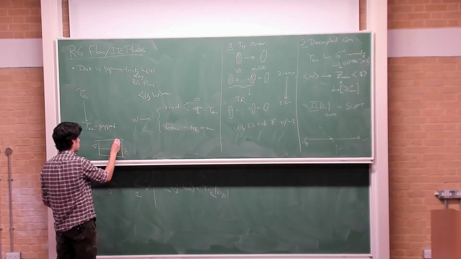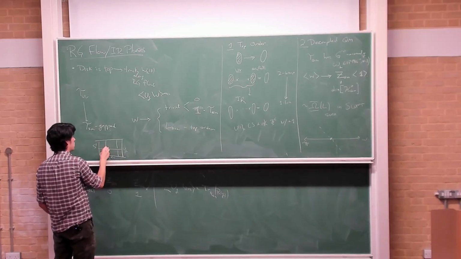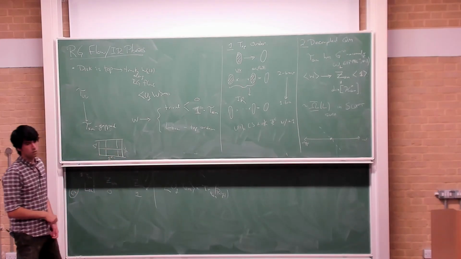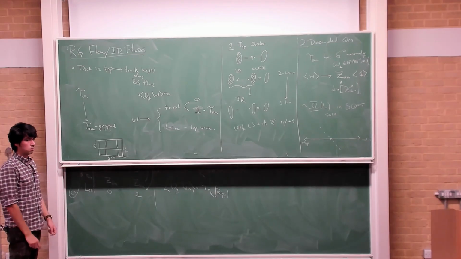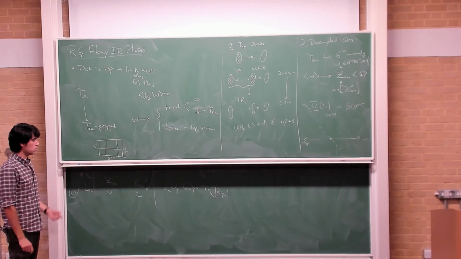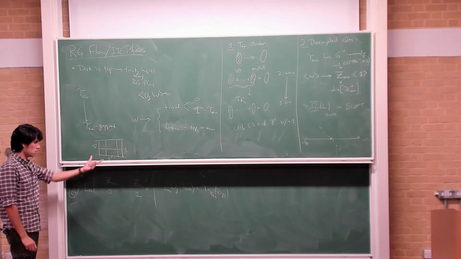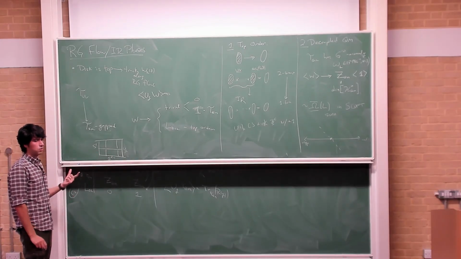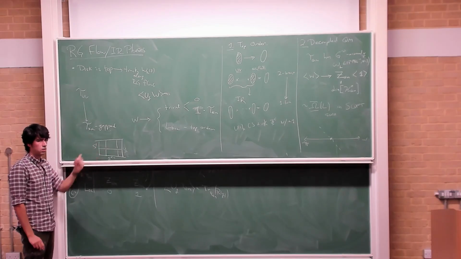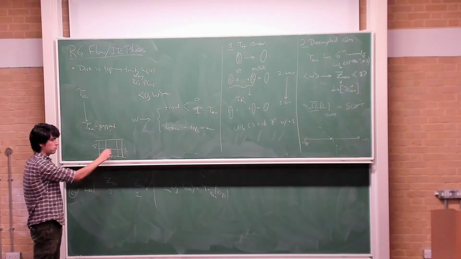Then I have two different line operators here and here. Just the fact that they're not topological in the UV tells you that this could be non-zero. But if they're topological in the IR, then these will cancel against each other. If it's just a decoupled quantum mechanics, then it'll vanish locally, because there's a trace for each intersection point.